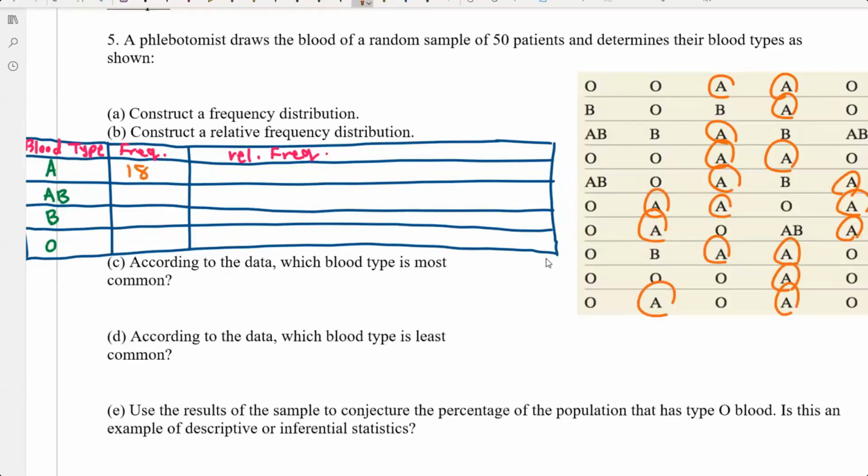So we have 18, and for AB we have 4, B is 6, and O is 22. The sum of frequencies is equal to 50. I don't want to write that one here because you may say that was for frequency. So the sum is 50.